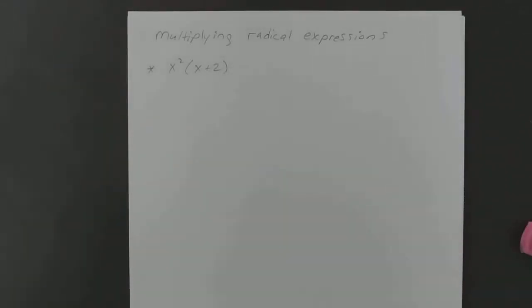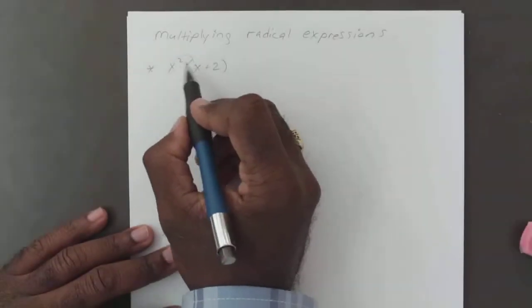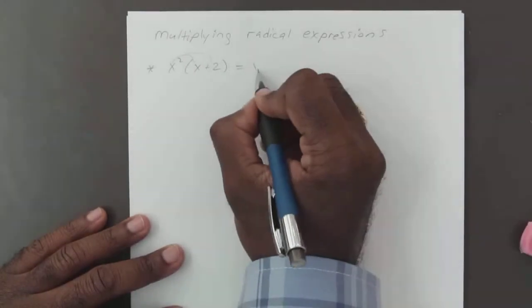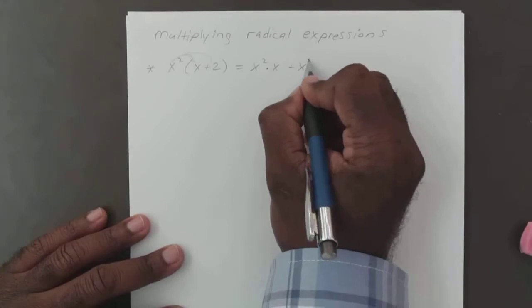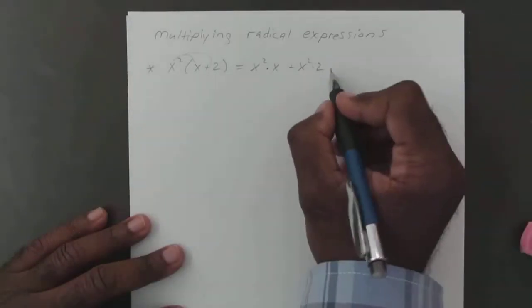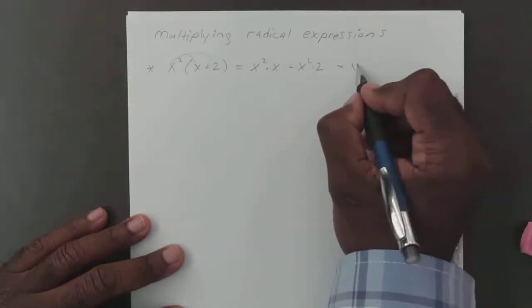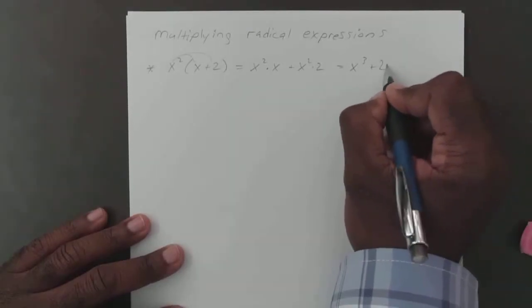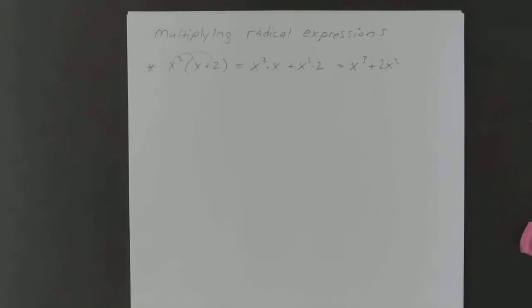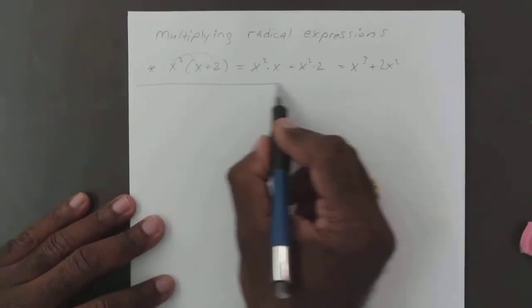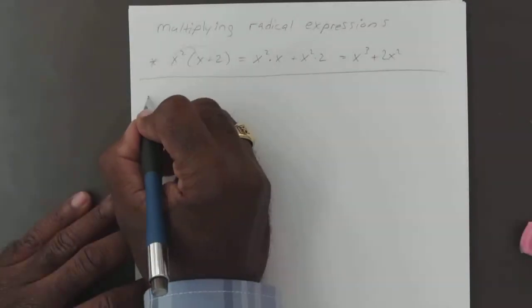You already know you just use the distributive property, which is x squared times x plus x squared times 2, which gives you x to the third plus 2x squared. We do the exact same thing when we're stuck with a radical expression we want to simplify.